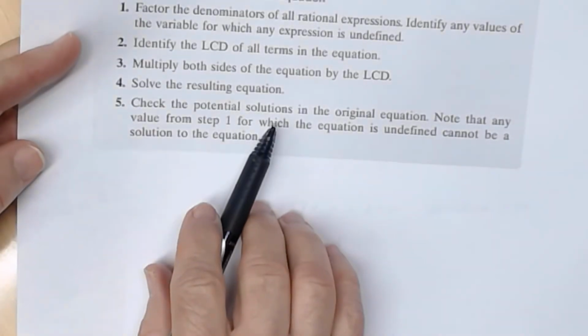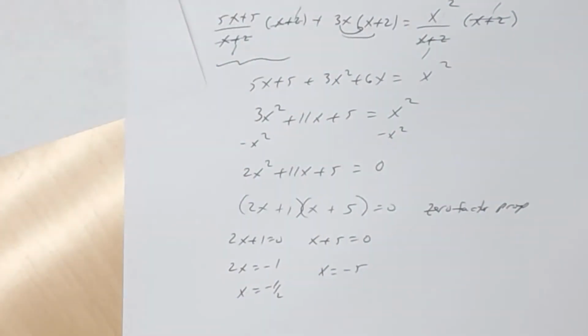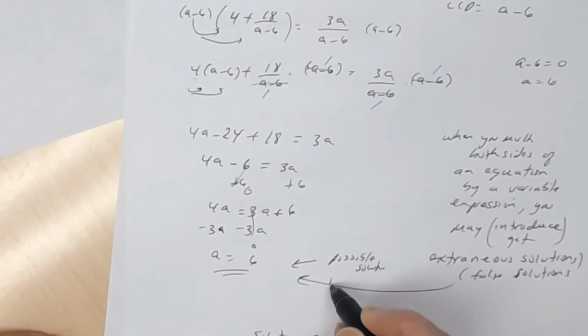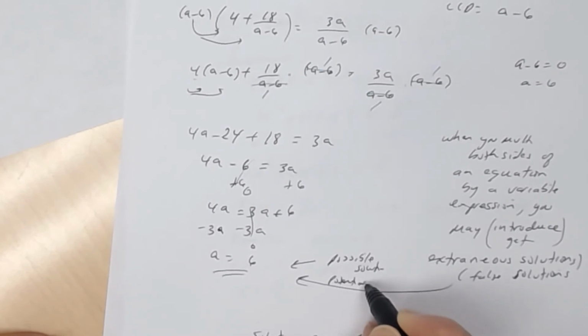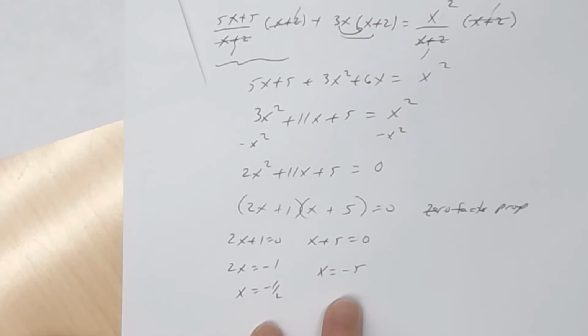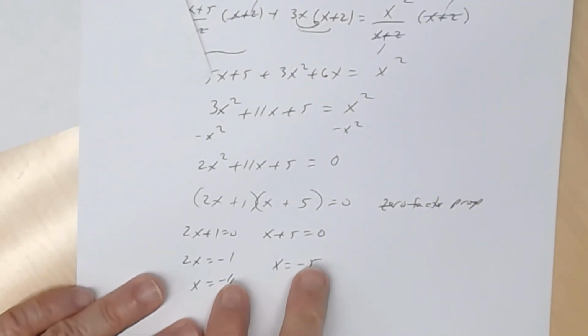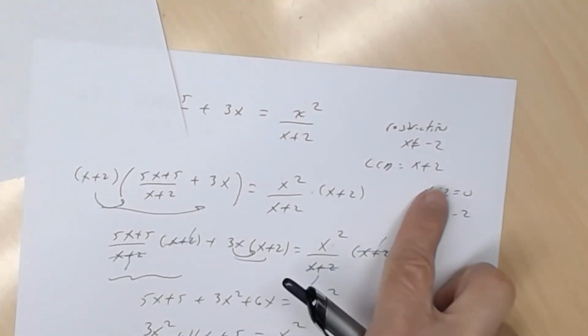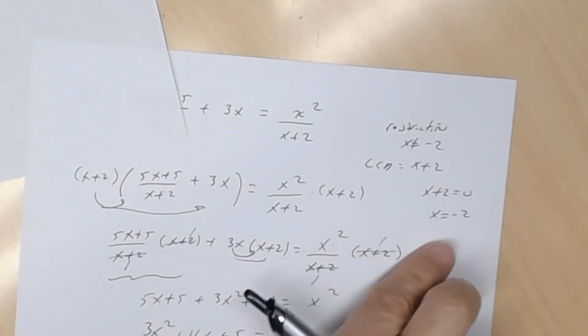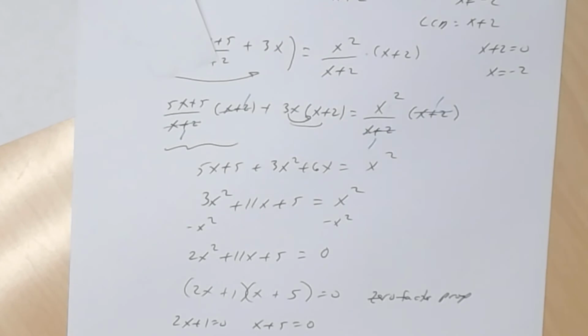So notice number 5 says check the potential solutions. So remember we use the word possible solution. Sometimes I'll use the word potential solutions. Those are my potential solutions. I have to check them. But all you really have to do, guys, is just check to see if it's a restriction. So is this a restriction? Nope.